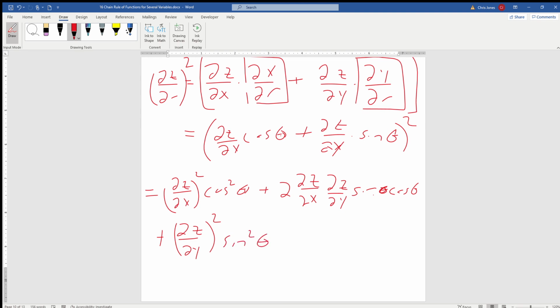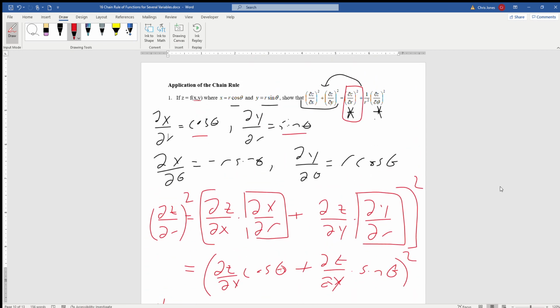All right, so let's hold on to this, and again, that's all equal to this animal right here. Unfortunately, we still now have to worry about this.